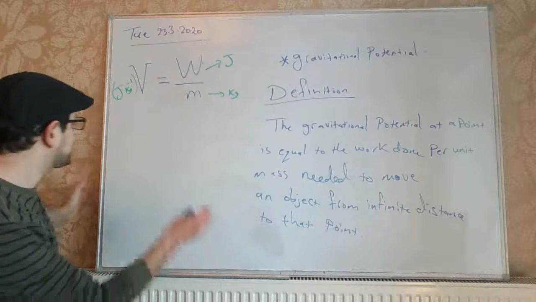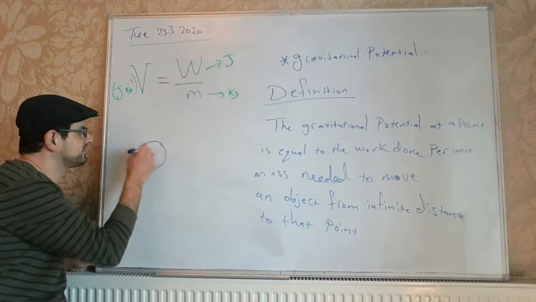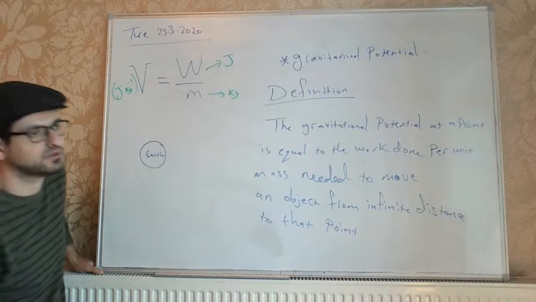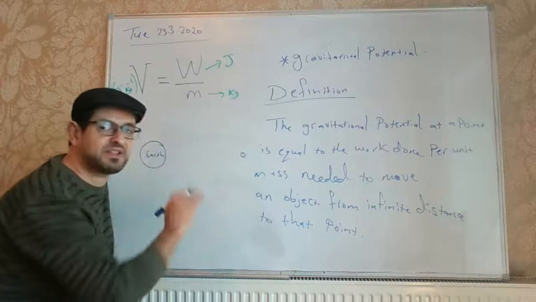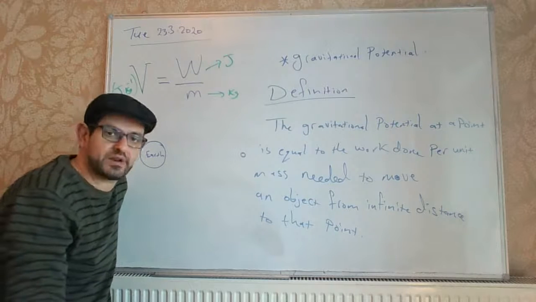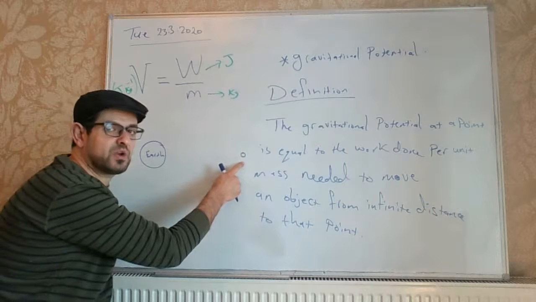So imagine with me, let's say here I have Earth. Let's understand this point. Hi Earth. Now, if there is an object here at infinity, it's very far. So we consider the gravitational potential here zero.